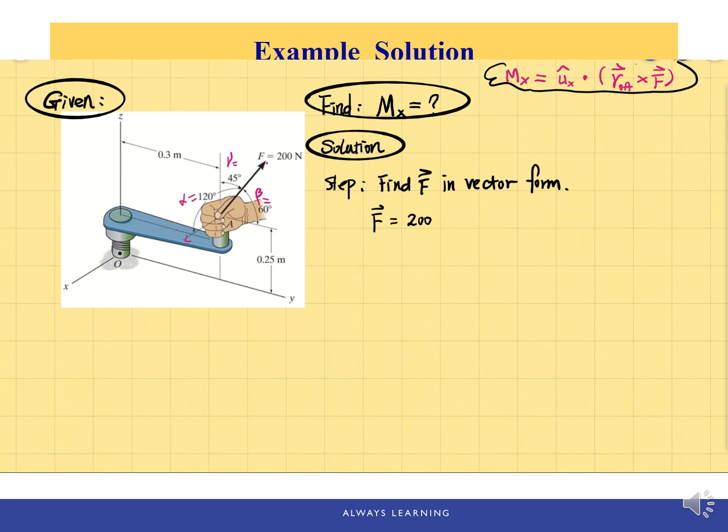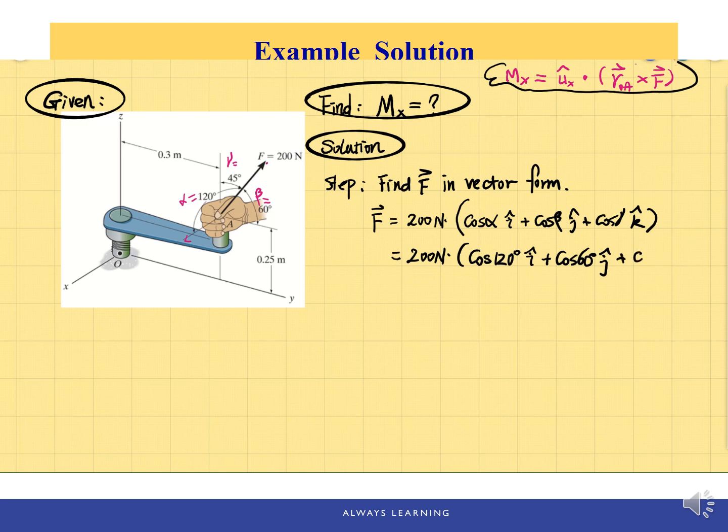The magnitude is 200 Newton, and the unit vector of the force equals cosine alpha I hat plus cosine beta j hat plus cosine gamma k hat. Magnitude times unit vector will give you the vector of this force F. So we put those angles in: alpha 120, beta 60, gamma 45.